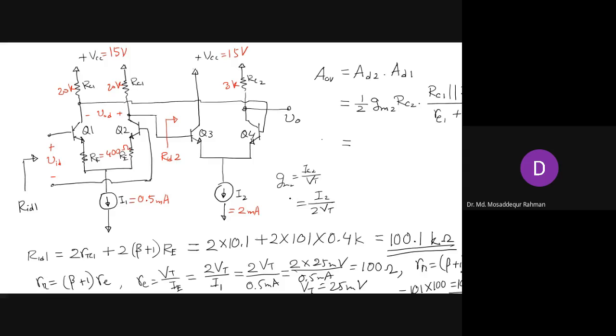So we are assuming alpha is 1, just an approximation. Then this we write as 1 by 4, so I2 RC2 divided by 4 VT. And RID2 is 2R pi 2. So we get RC1 and R pi 2, and we have RE1 plus R.